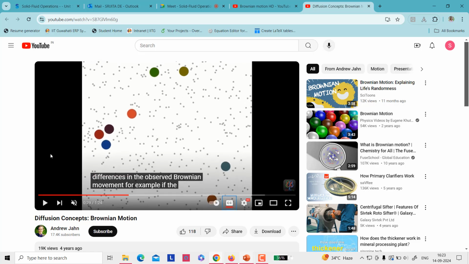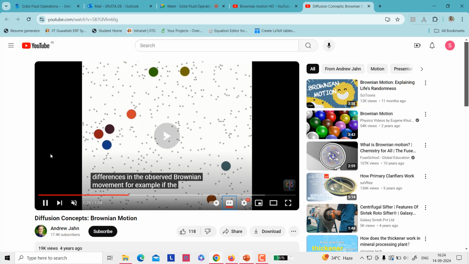In water, the particles can move in some direction in some way, or inside glycerol, which has higher viscosity than water, the particle movement will be different, because in glycerol they have to make extra effort to move, as the viscosity resists their free movement.